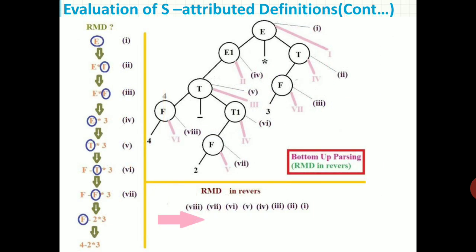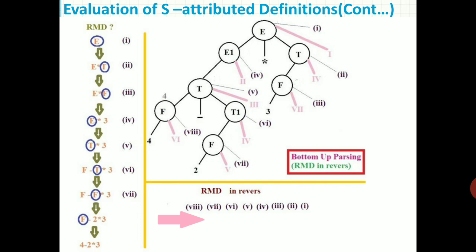So for that we will first evaluate the first derivation step, that is 8. You can see it is indicated by an arrow on the rightmost derivation in reverse.